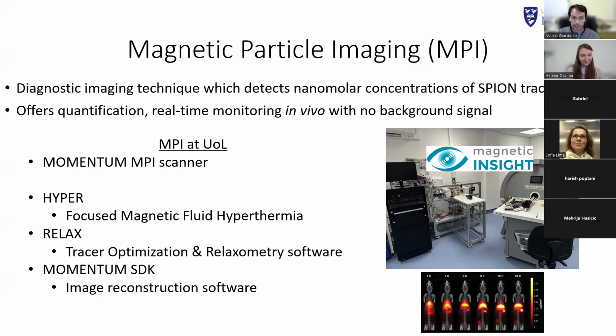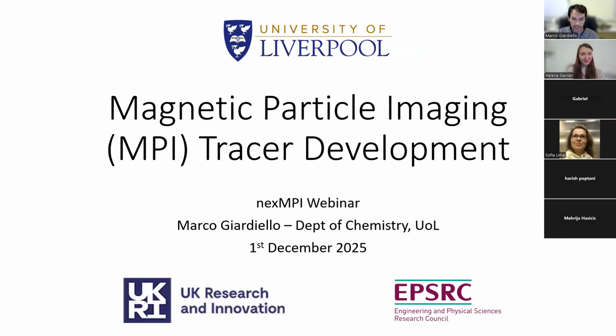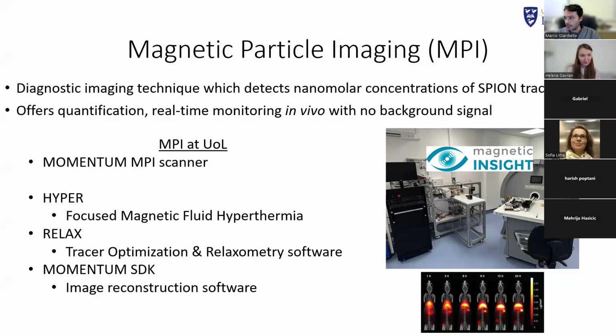Thanks very much for the intro. I've skipped onto my next slide a little quick, but my talk today is going to be on tracer development, because that's the research theme that I follow. I'm going to try and give an overview of how MPI works, a basic context for how to design tracers. We do have the Momentum scanner from Magnetic Insight present in Liverpool.